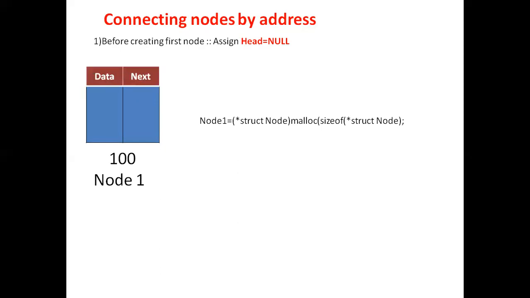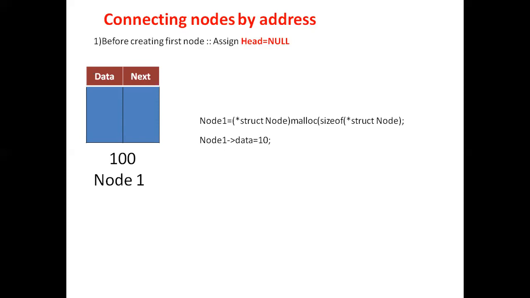Fine. Now after that we are inserting our value 10 into the data part. If you observe, node arrow data is equal to 10, which means node 1, that is 100 arrow data. We are using the arrow operator for accessing the structure member by using a pointer variable.